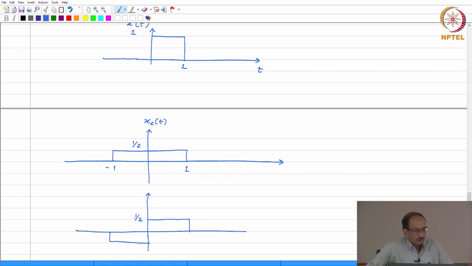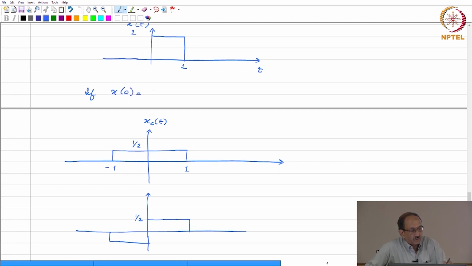Is there any wrinkle to this? Is this fine, or should we pay attention to something? Yeah, at t equal to 0, it depends on how the signal is defined.